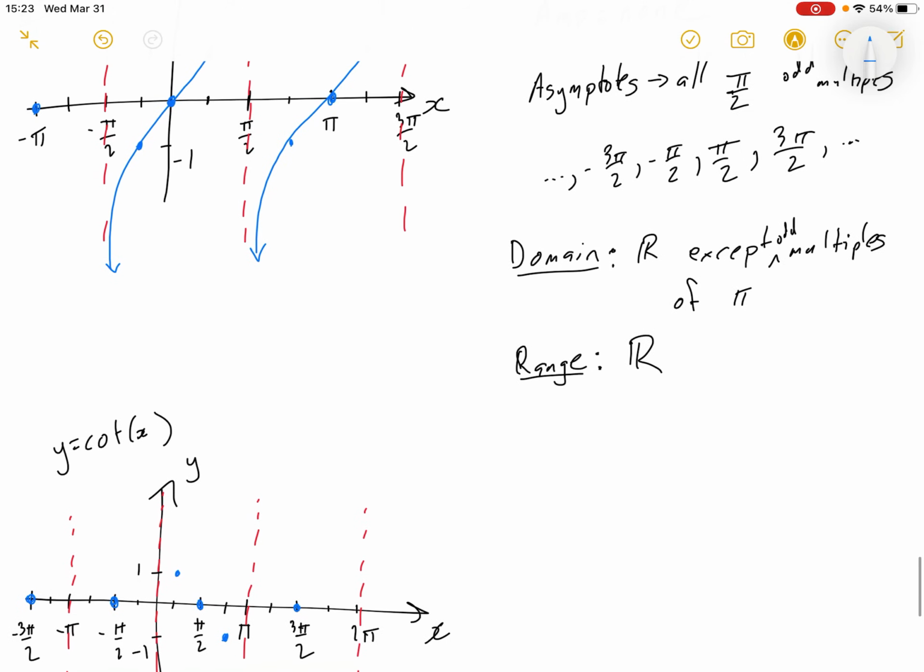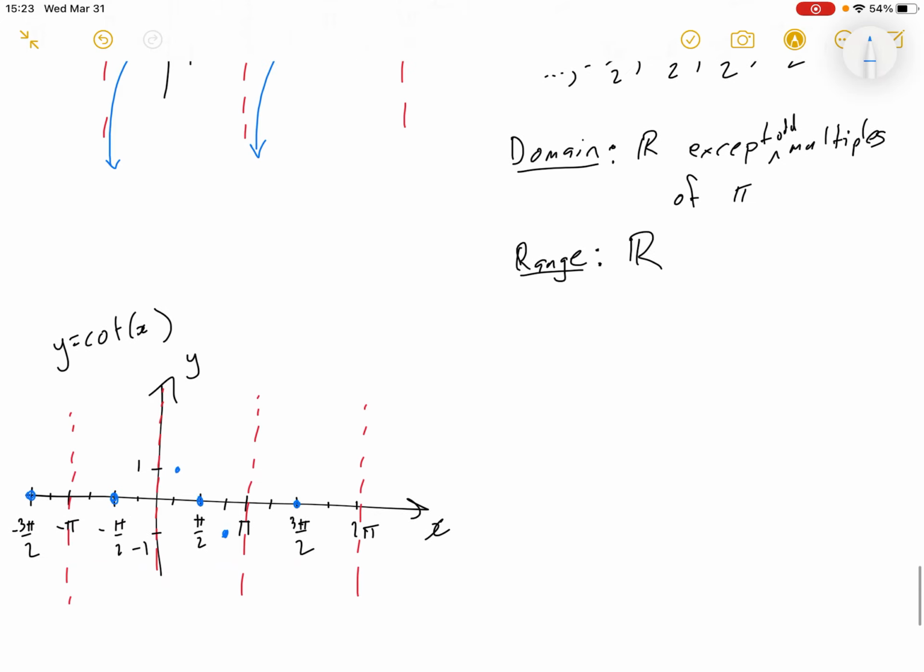So you'll notice the 0 of cotangent is the asymptote of tangent and vice versa. And so then the graph kind of looks the same, except it's been reflected. So you can actually think of cotangent as a reflection and a shift of the tangent graph.